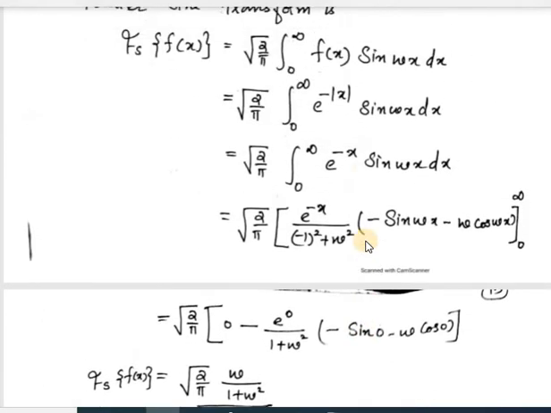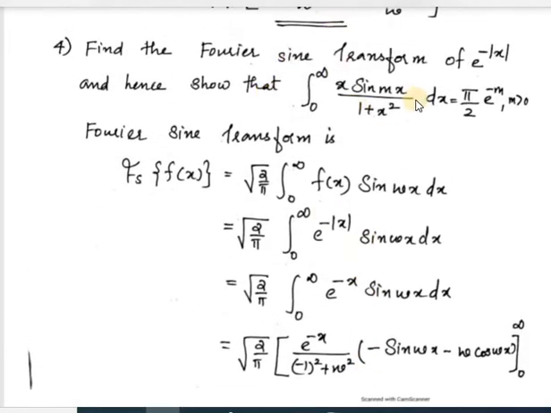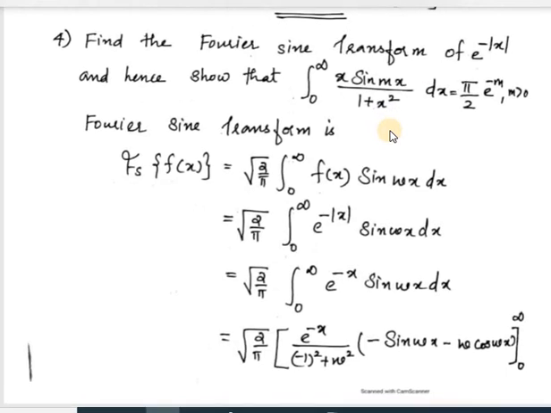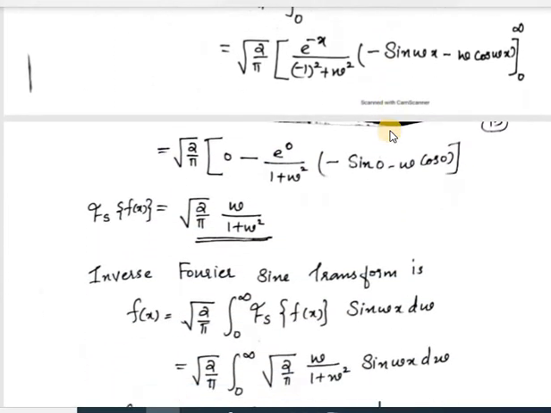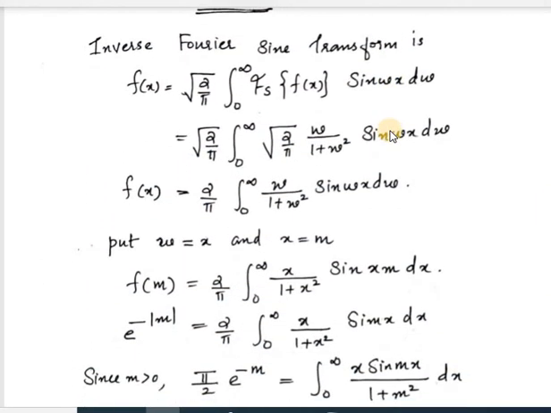Now we compare the obtained integral with the question. The question has x sine mx by 1 plus x square. So we have to convert this omega to x. Put omega equal to x, then x by 1 plus x square sine mx, that is, we have changed x to m. Since we are simply changing the variable, there is no change in the differential; d omega simply changes to dx.